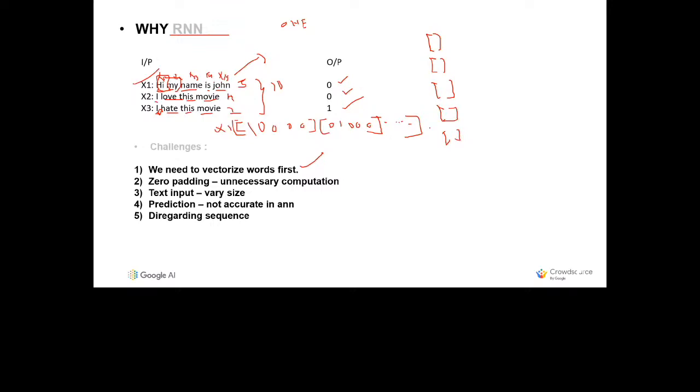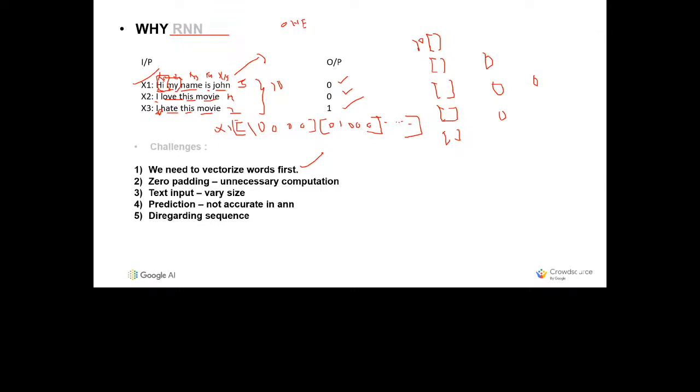For the first statement only, we have to pass so many vectors. Imagine, so many vectors. If I see how many weights it would develop, this is five vectors, each with 10 features, because in total we have 10 features.